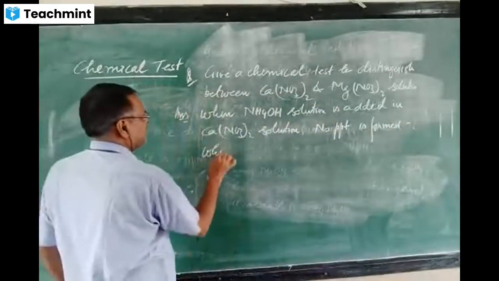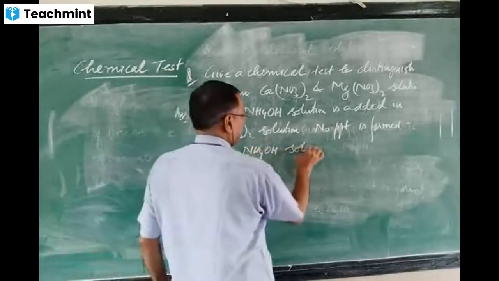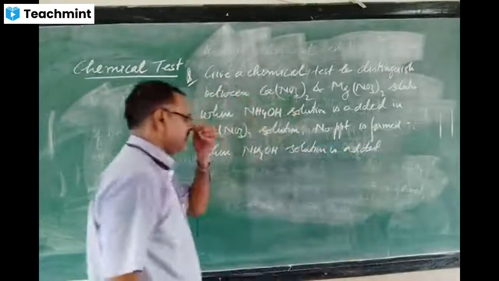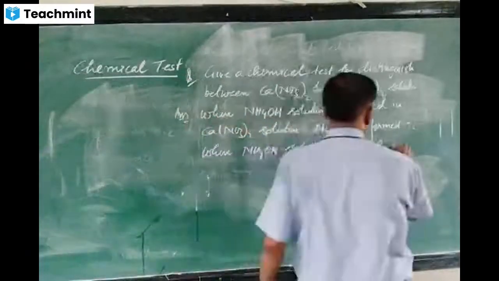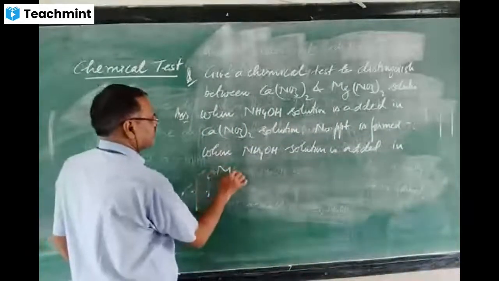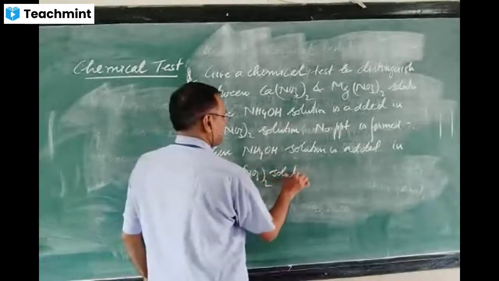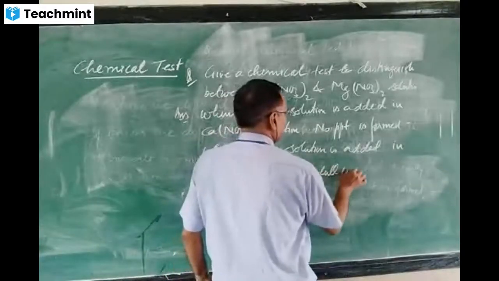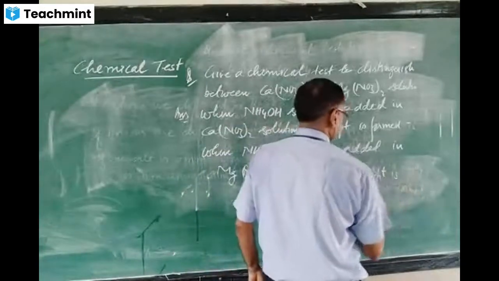Another, when ammonium hydroxide solution is added in magnesium nitrate solution, a dull white precipitate is formed.